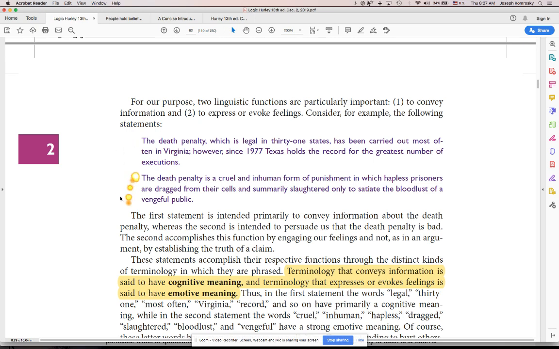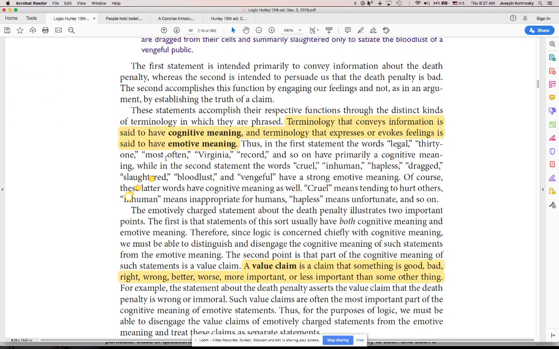The second one's steering you with emotive language. And then he says, look, in the first one, words like legal, 31, most often, Virginia, record, they have primarily cognitive meaning. They're giving you information. While in the second statement, words like cruel, inhumane, hapless, drag, slaughter, bloodlust, vengeful, have very strong emotive meaning.